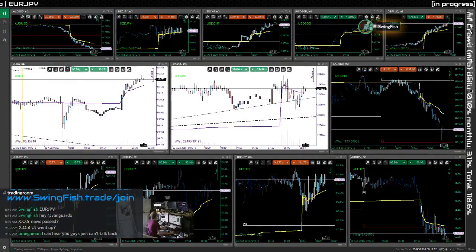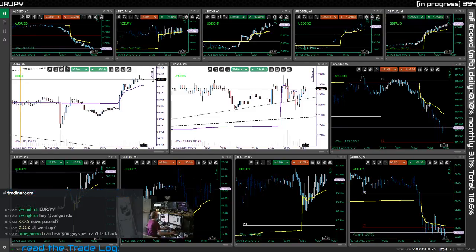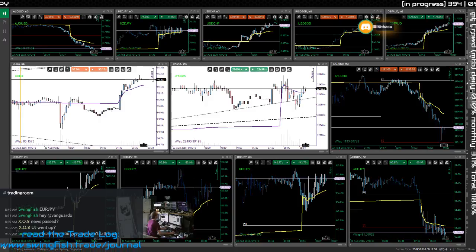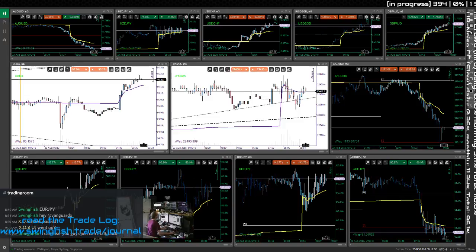Nikkei on the way up, that's good. Oh, come on.